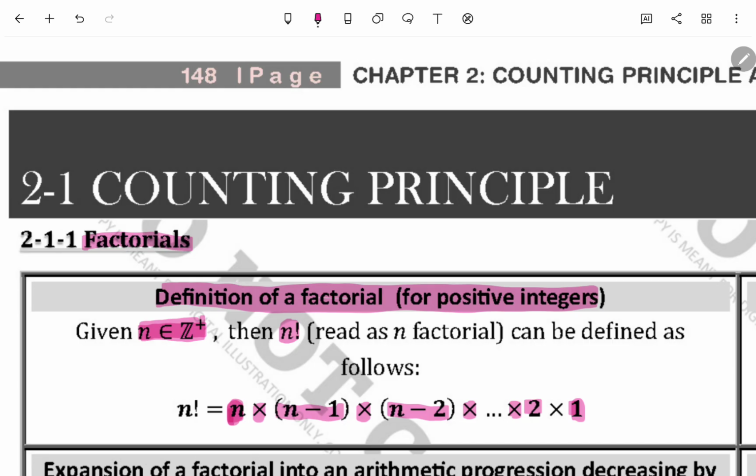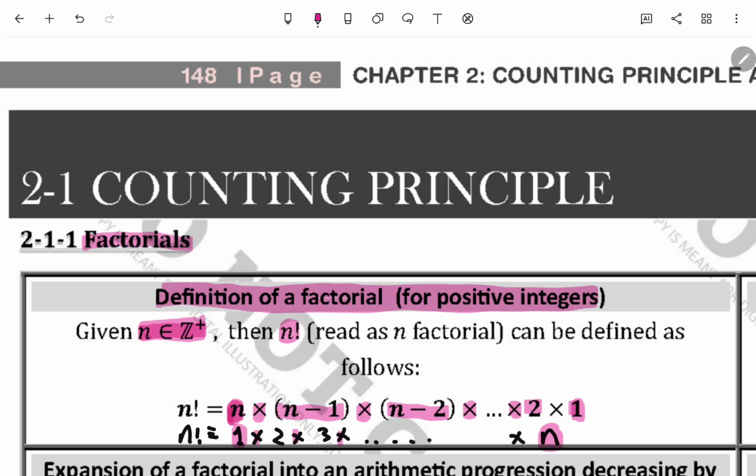Or you can write it in an opposite way, like this exactly. n factorial equals 1 multiplied by 2, 3, then you can end by n. So the biggest factor is going to be this n, and the smallest factor is going to be 1. And we should write it as a product of consecutive numbers.